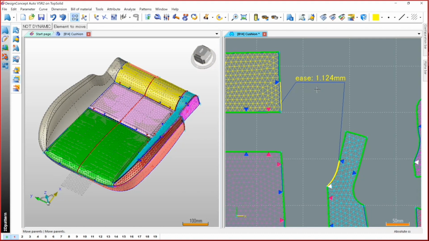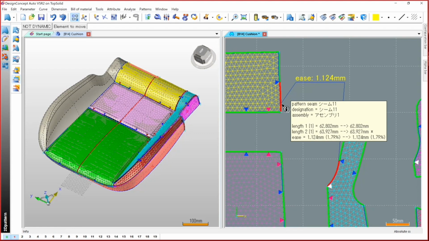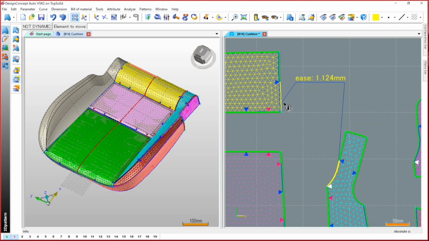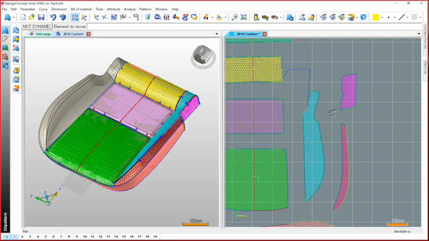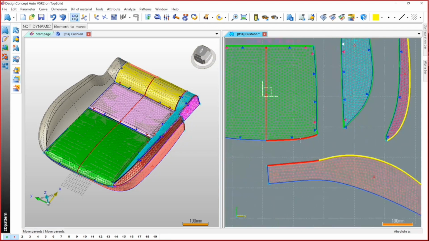The red length is 62 point something. The length is not the same. It should be adjusted, fine-tuned. And then after flattening, those types of processes come in. That's what Izuka-san is saying.